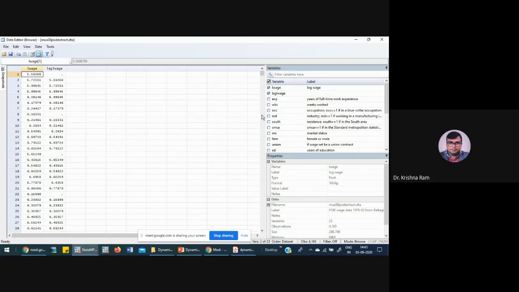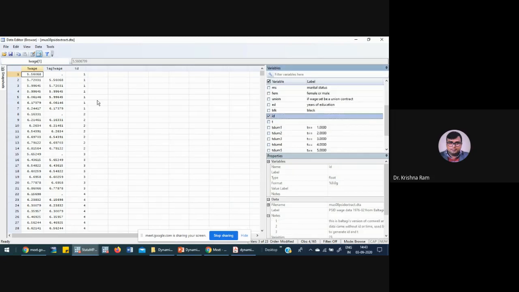It is because if you see the cross-sectional ID variable, the first seven observations belong to the first cross-sectional ID, then the next seven to the second cross-sectional ID, and so on. For each cross-sectional ID, the first period data is missing in the lag of log of wage variable.